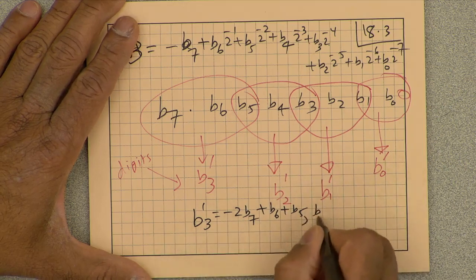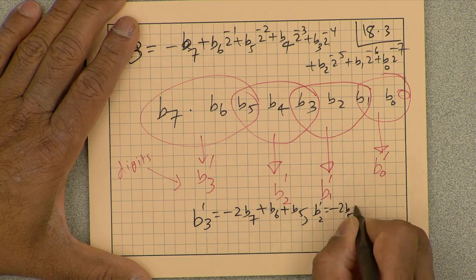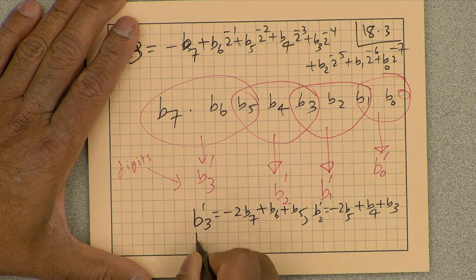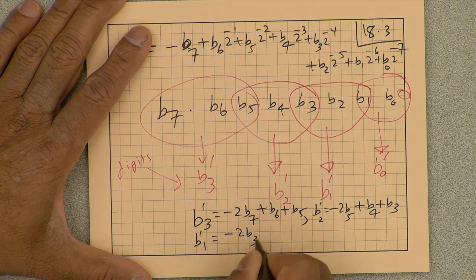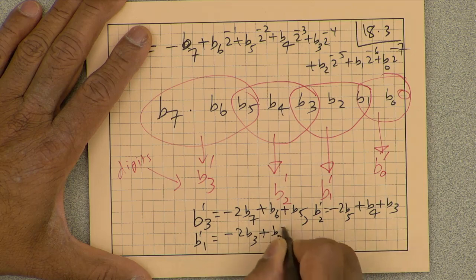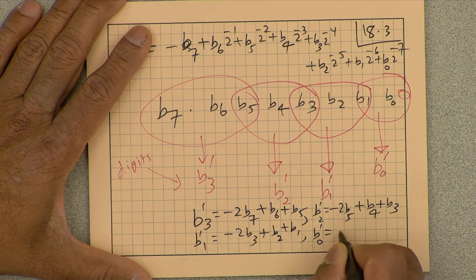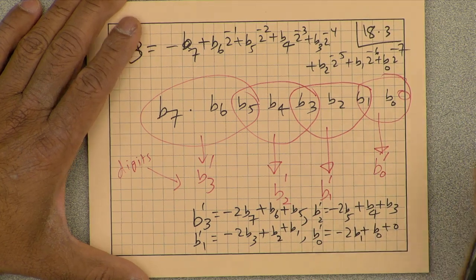B2 prime is minus 2 B5 plus B4 plus B3. B1 prime is minus 2 B3 plus B2 plus B1, and B0 prime is minus 2 B1 plus B0 plus 0.